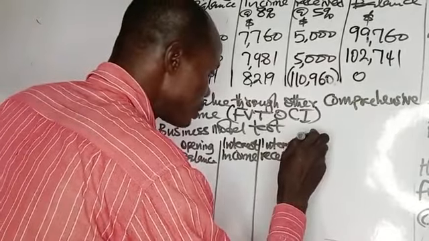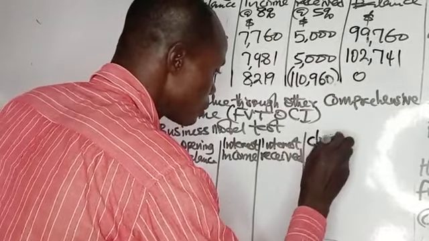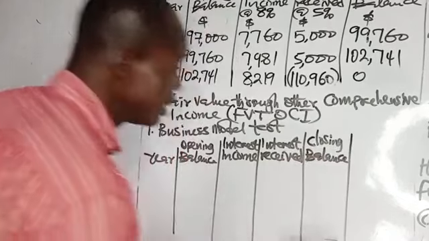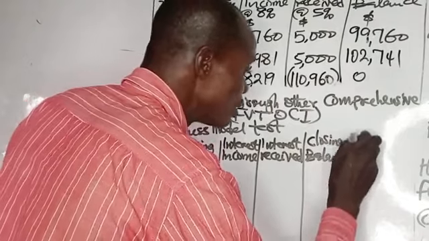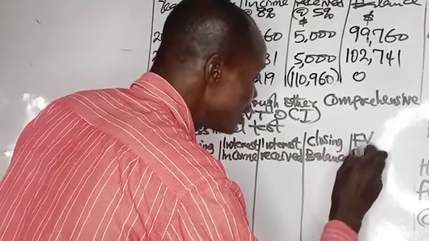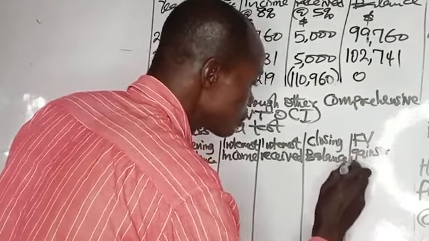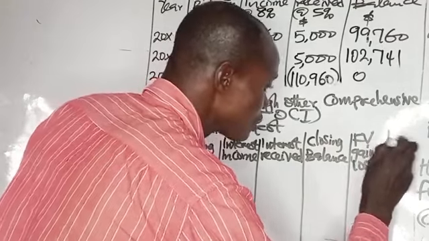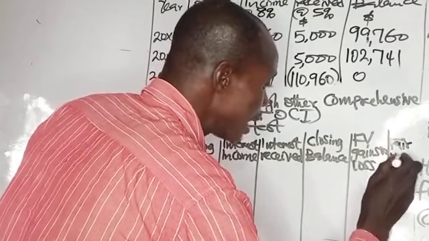Closing balance. Then you may have fair value gain or loss, and then the fair value at the year end.